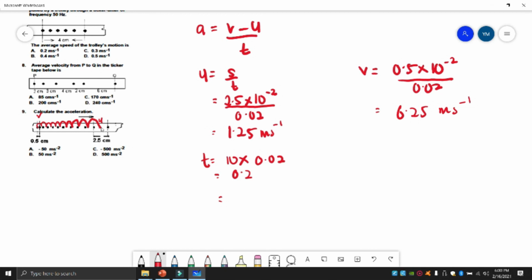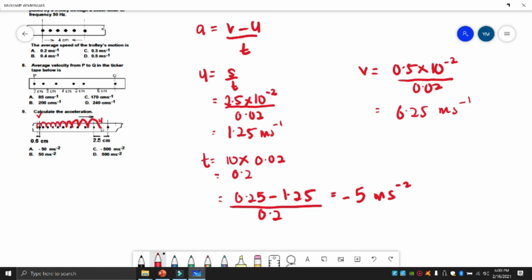Next you can straight away use the formula. V here is 0.25 minus 1.25 divided by 0.2, and you will get -5. As you can see, there is no answer for -5 m s -2, but this one is the correct way.